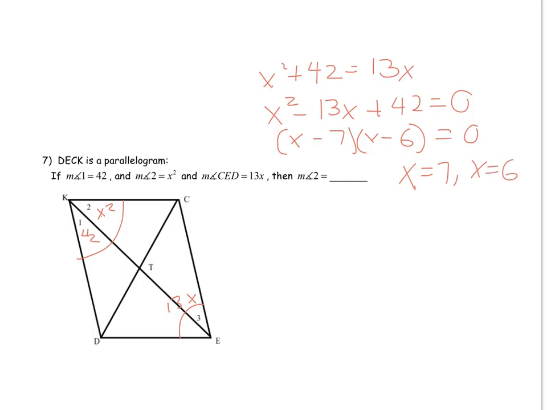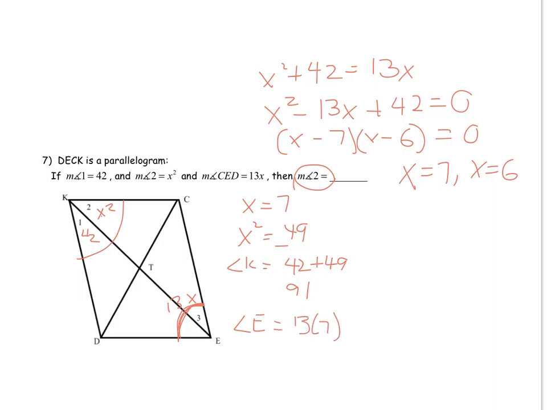Well, I'm going to test them out, and they also want me to see what angle 2 is going to be. So if x equals 7, then angle 2, which is x squared, would be 49. And I want to know, are angle 1 and angle 2 added together, so angle K, which would be 42 plus 49, would be 91. Is that going to be the same as angle E, which is 13 times 7, which is also 91.